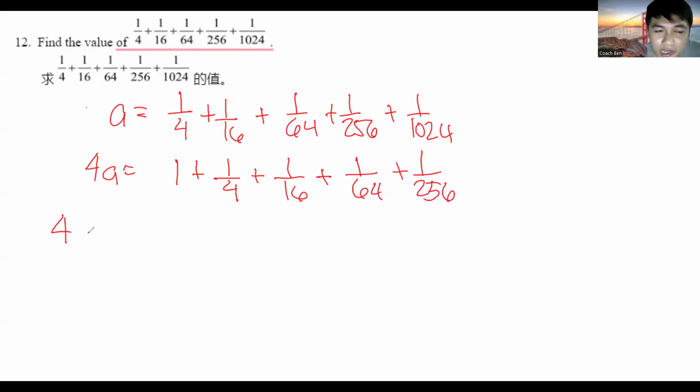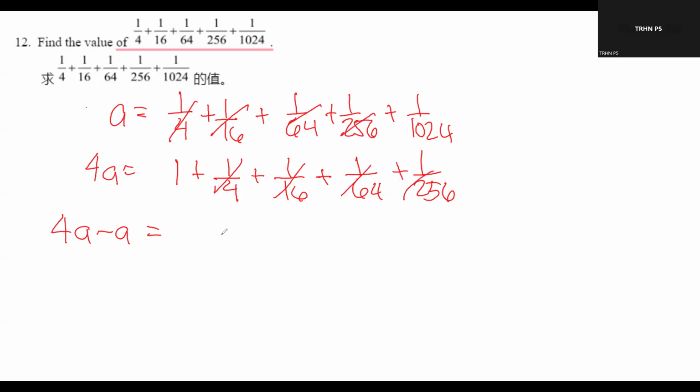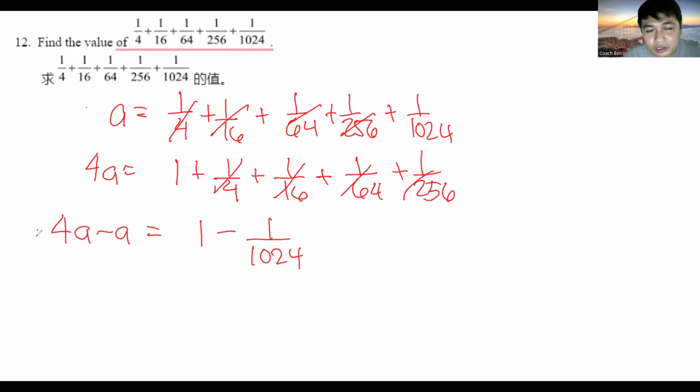So when we do 4A minus A, notice that all of these terms cancel each other out, except for 1 minus 1 over 1024. So 1 minus 1 over 1024 is equal to 3A. So that's where we get the divided by 3 part, okay?